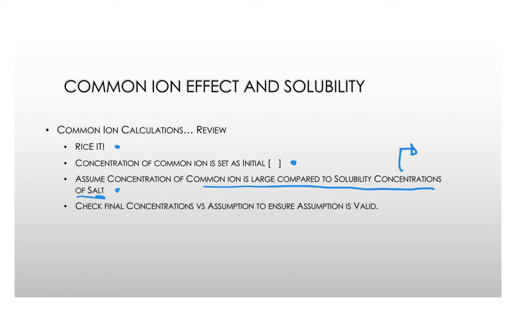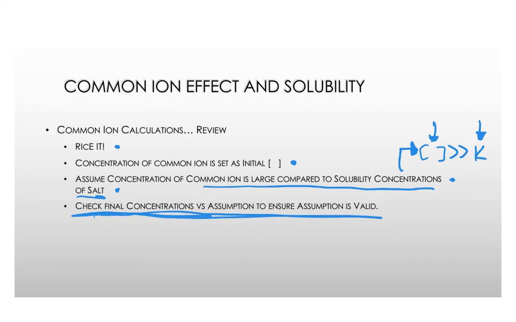If your common ion concentration is much, much larger than Ksp, then you can assume that the concentration is going to be way greater than whatever we get out of the dissolving process, and so essentially that stays equal. Then check final concentrations versus the assumption to make sure the assumption is valid. We'll show you how to do that today.